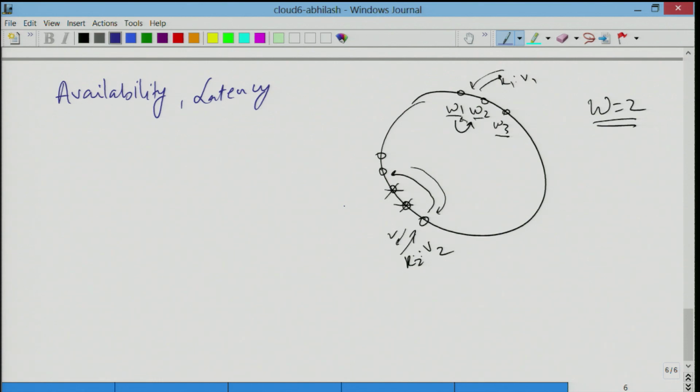Similarly, a client, so also the other difference is Raft, only the leader can accept writes, right? So here, let us say these nodes or workers were actually not dead, right? They were just partitioned from this worker because they are in different data center and there is a network partition between data center.